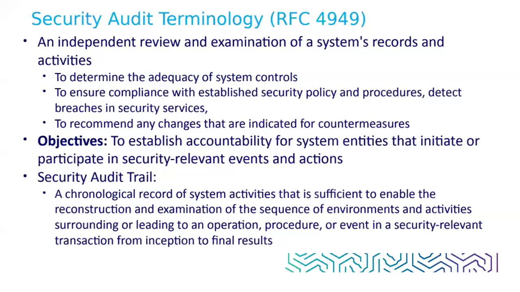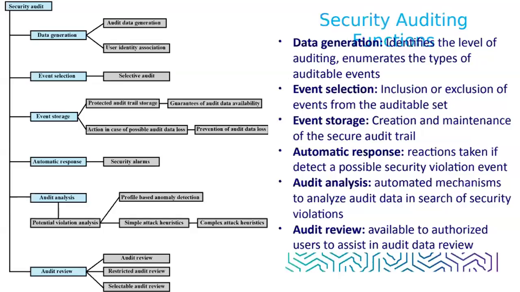A security audit trail provides a chronological record of system activities, and this allows the investigators to reconstruct and examine the security related transactions from the inception to the final result.